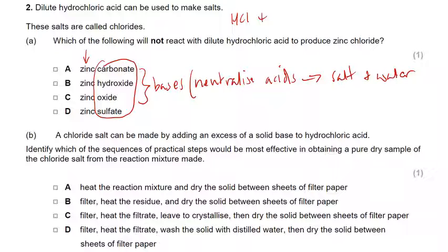Now, in carbonate's case, you also get carbon dioxide. So a metal carbonate with acid gives salt, water, and carbon dioxide. But with the other 2, hydroxide and oxide, you'll just get salt and water. Okay, so here you'll need to use process of elimination, and you'll see that the top 3 are bases, and then the answer must be zinc sulfate. This is actually a salt.